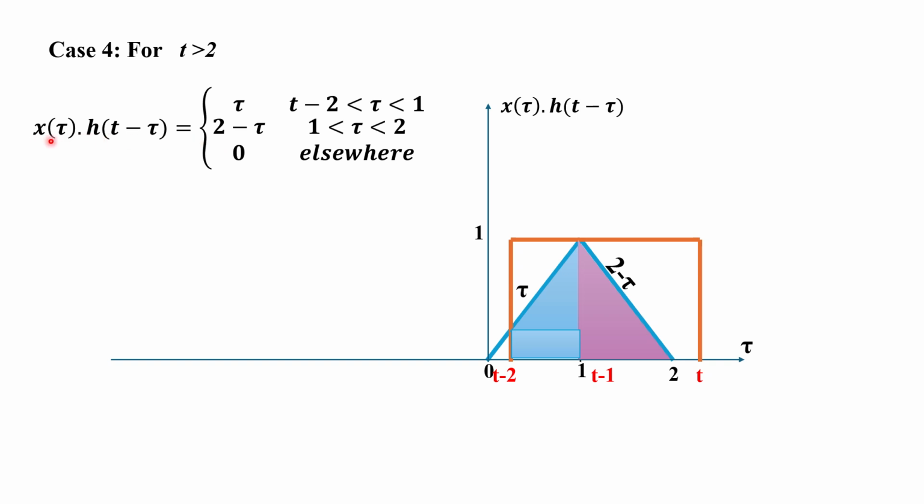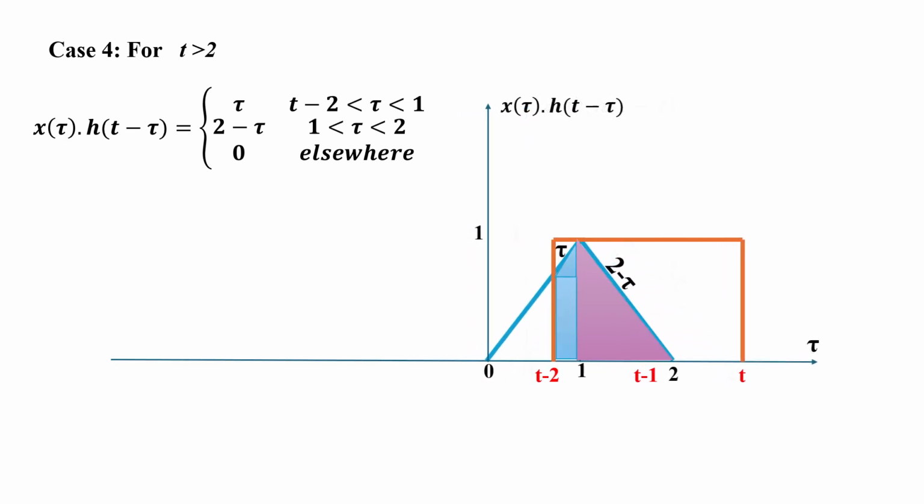So therefore, we write the product x of tau into h of t minus tau as tau for tau from t minus 2 to 1, and 2 minus tau for tau ranging from 1 to 2. Okay, and it is 0 elsewhere. So this definition holds until the value of t minus 2 reaches 1, that is, t equal to 3.